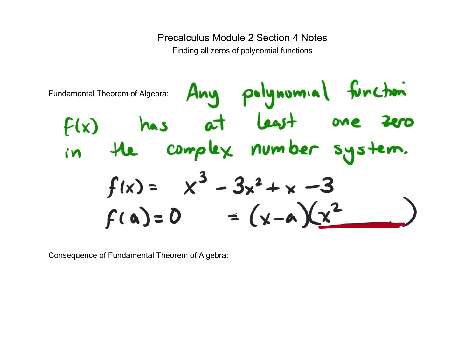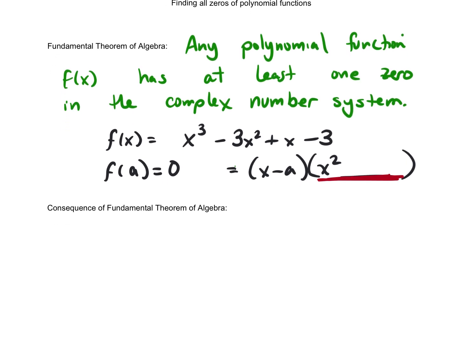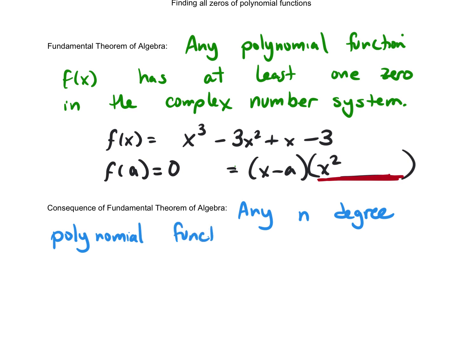So why this is important, it leads to this informal thing we said in the last chapter that we can now formalize. A consequence of the fundamental theorem of algebra says any n-degree polynomial function has exactly n zeros in the complex number system.